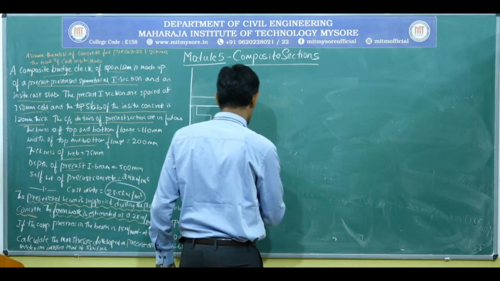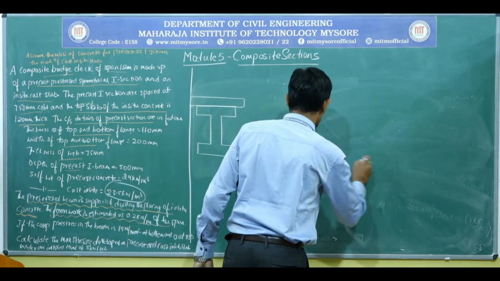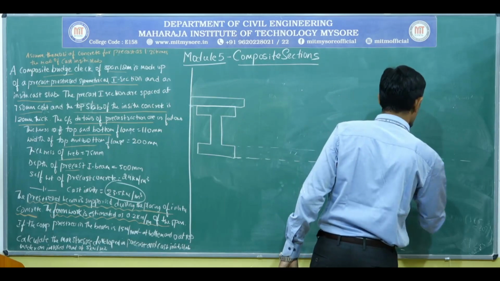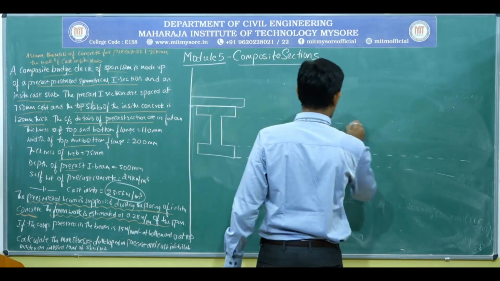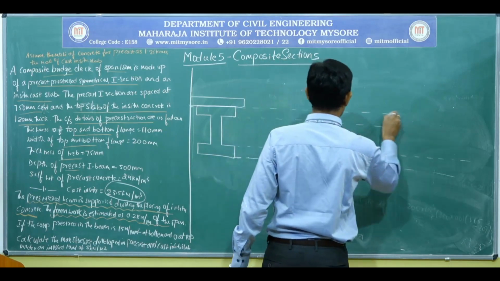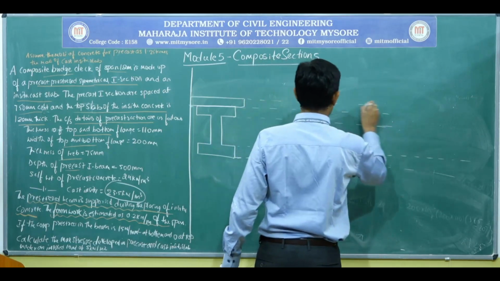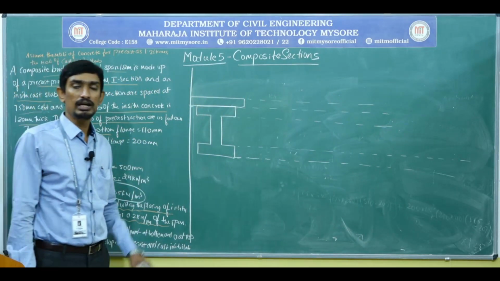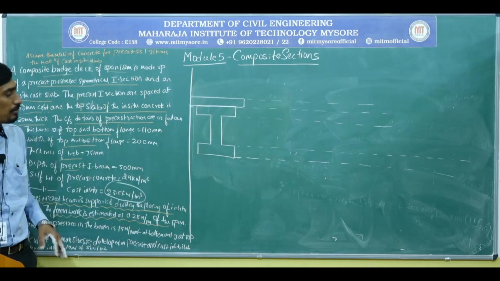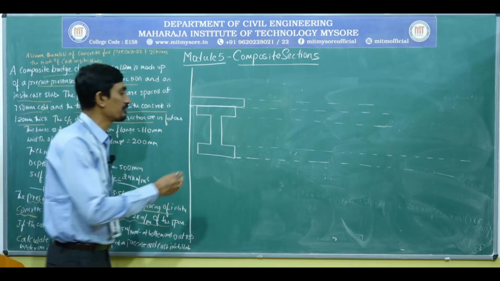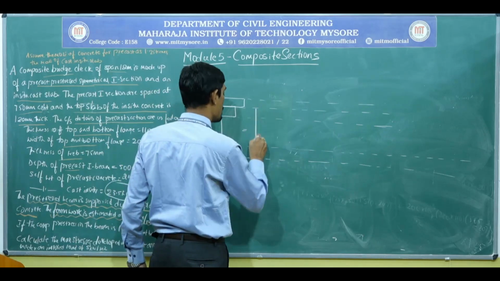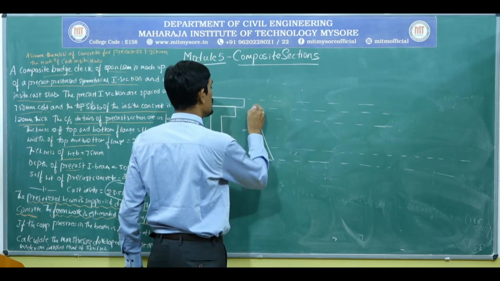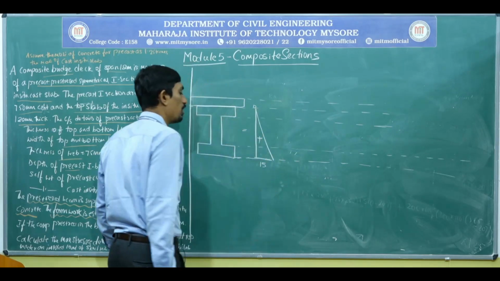Let me draw the stress diagram one by one. First thing, as I stated, the initial pre-stress. In the problem they have given the initial pre-stress as 0 at the top, 15 at the bottom.